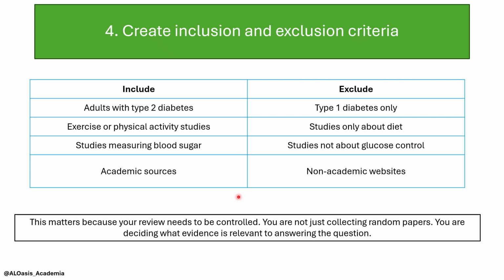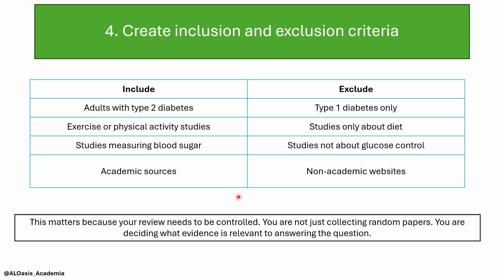You're not just collecting random papers, because what you have done so far is that you read the question, you broke it down, you used the PICO framework to understand it very clearly. So you're not just collecting random papers to answer the question. Now you know exactly what the question is asking, and you will collect very specific papers to answer that question specifically.